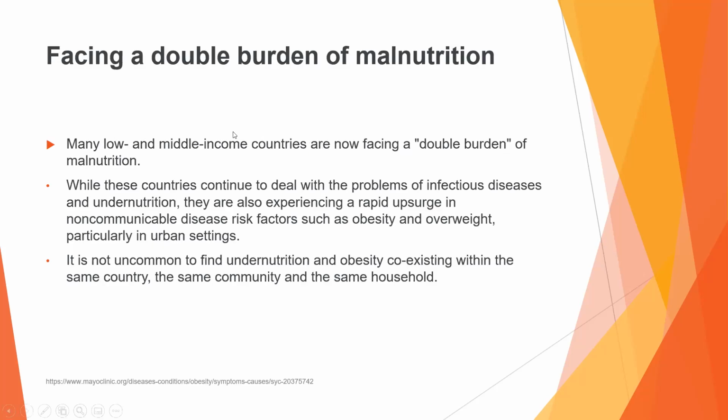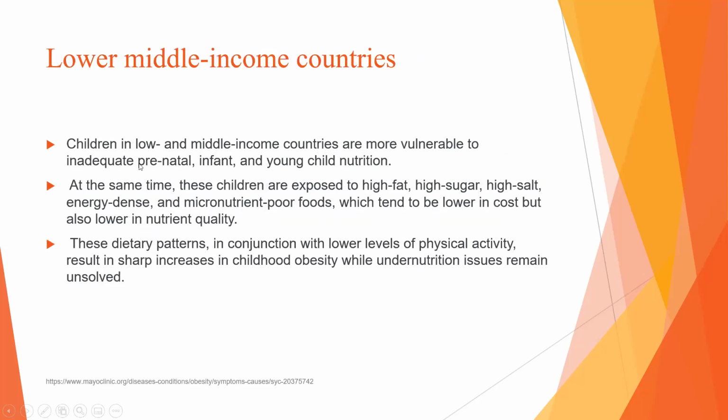Lower and middle income countries are facing a double burden of malnutrition. While these countries deal with infectious diseases and undernutrition, they are also experiencing an upsurge of non-communicable diseases like obesity and overweight, especially in urban settings. Children in lower and middle income countries are vulnerable to inadequate prenatal, infant, and young child nutrition.